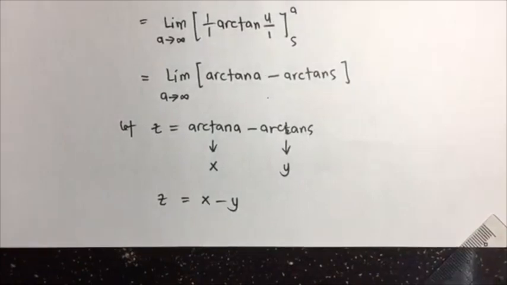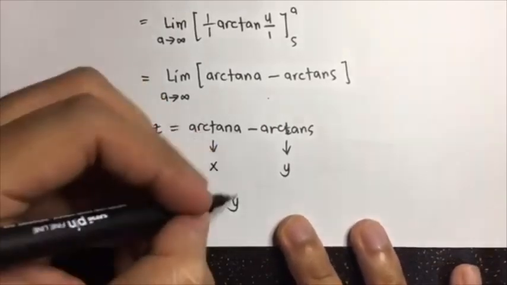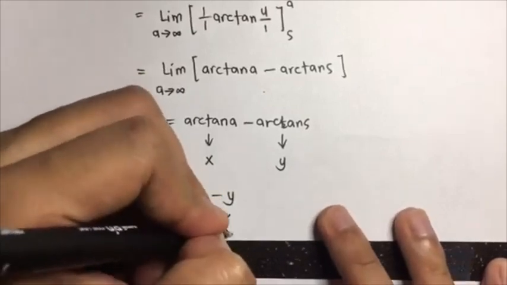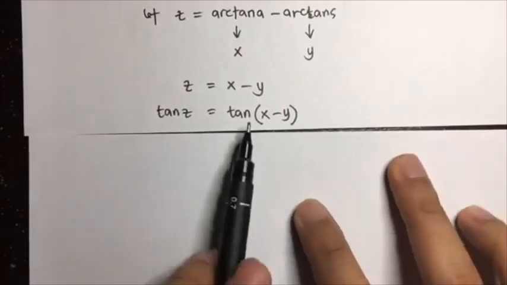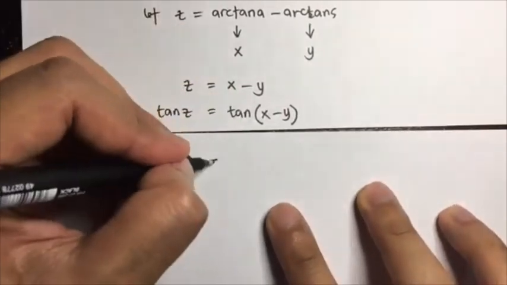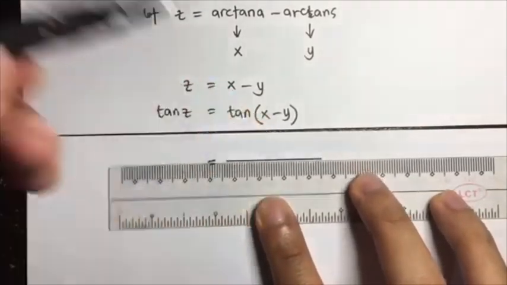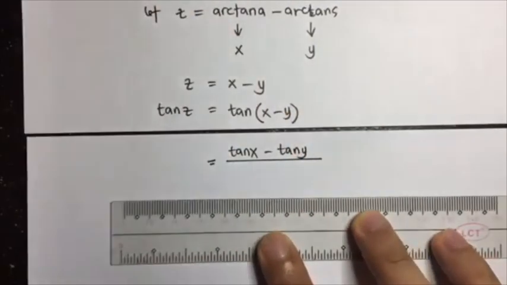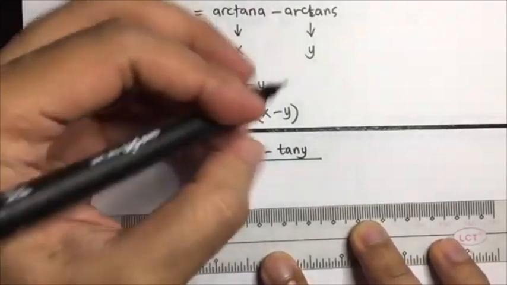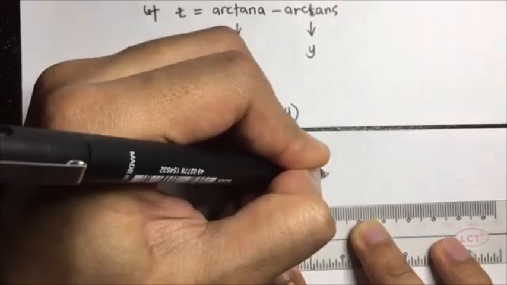If we get the tangent of both sides, we'll have tangent of z equal to tangent of x minus y. Using the identities of tangent, tangent of x minus y is equal to tangent x minus tangent y over 1 plus tangent x times tangent y.